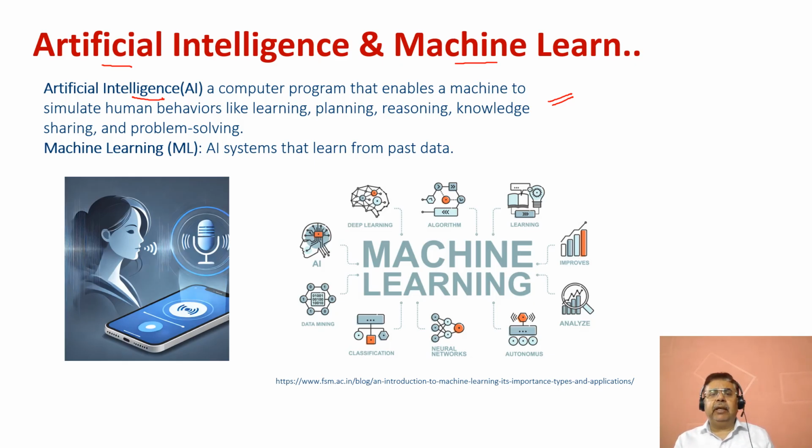Now, when we say AI, mainly AI would include rule-based systems, expert systems, robotics, natural language processing, vision, and even machine learning. So machine learning appears here.